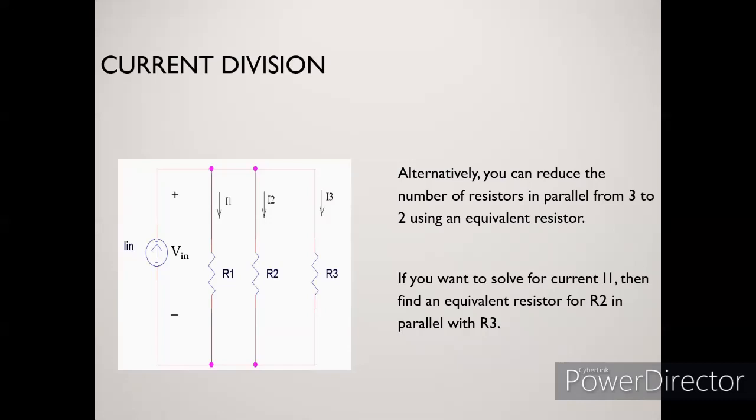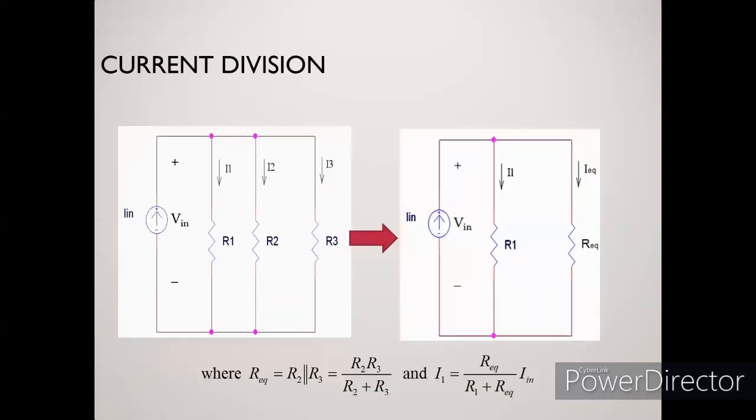So there will be two parallel branches, where R equivalent equals R2 double bar R3. The formula will be R2 times R3 over R2 plus R3. If you want to find I1, it equals R equivalent over R1 plus R equivalent times I source.